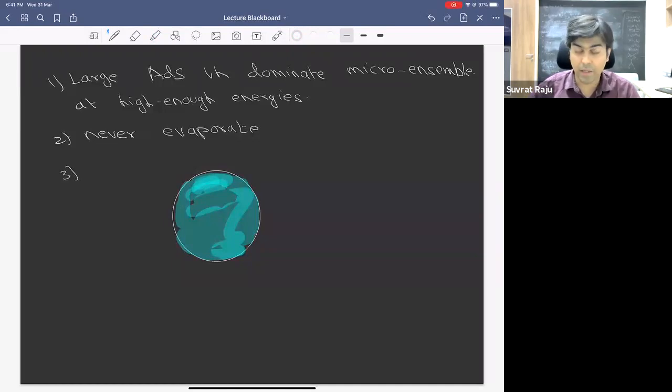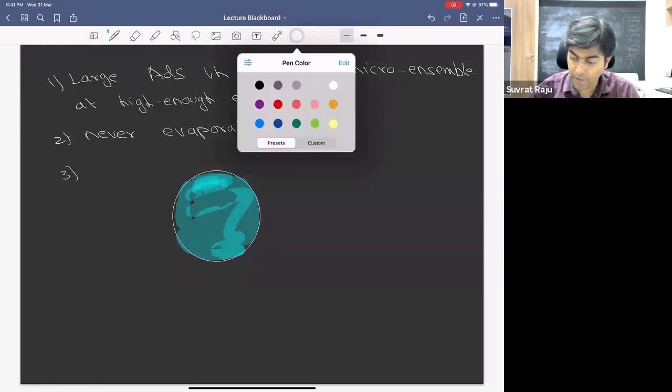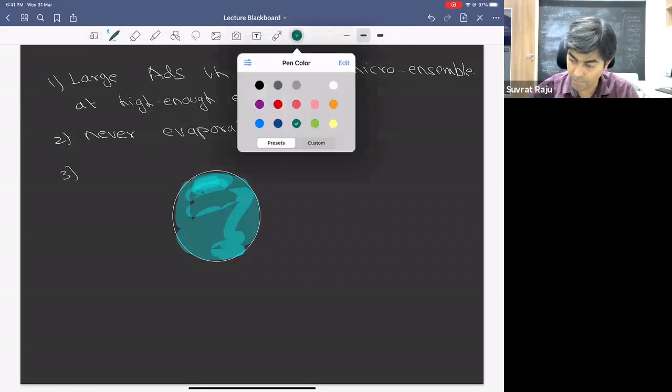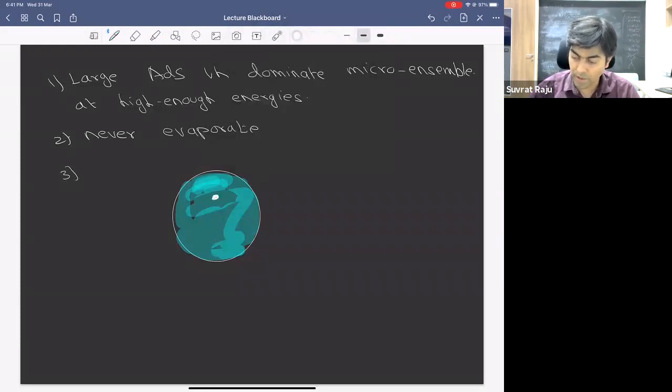Of course, that doesn't mean that all states are large AdS black holes. You see, you might have some very few states which are not AdS black holes. So let me draw here. So maybe there are some atypical states which occupy an exponentially small volume of the Hilbert space, which are not large AdS black holes. So these are atypical states.